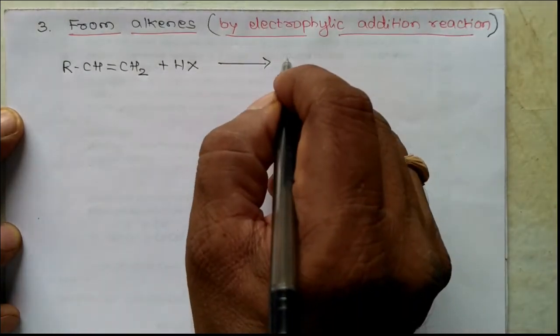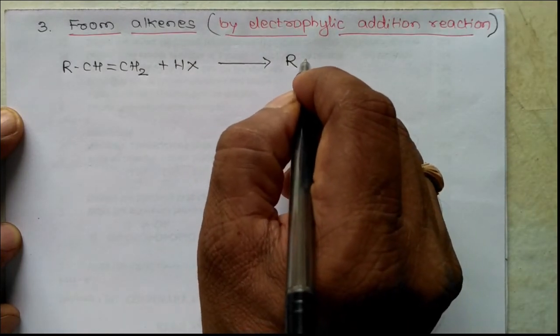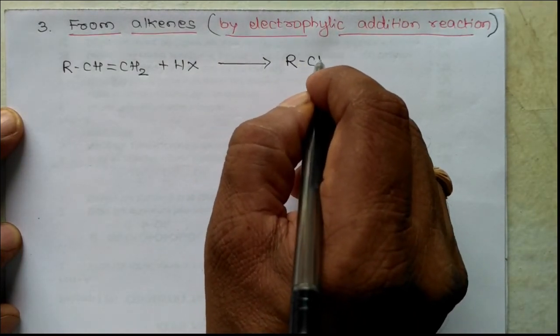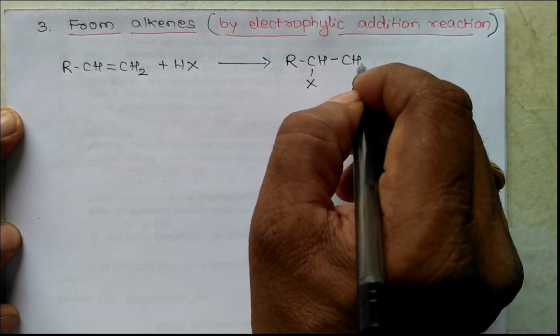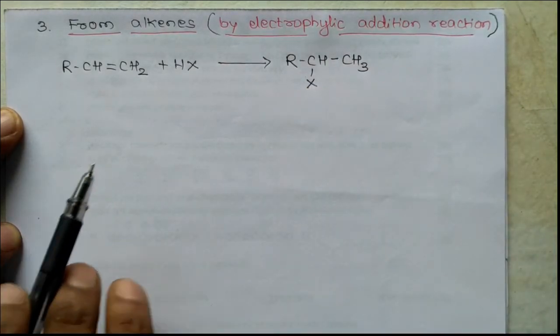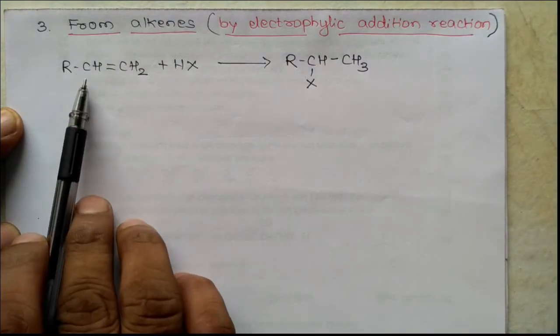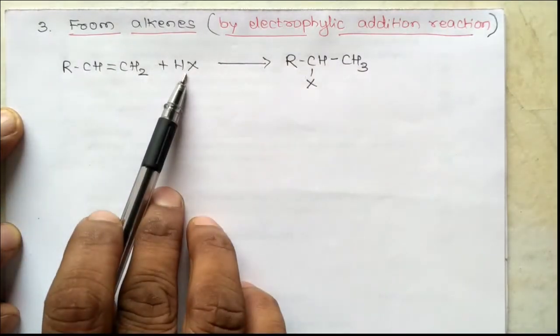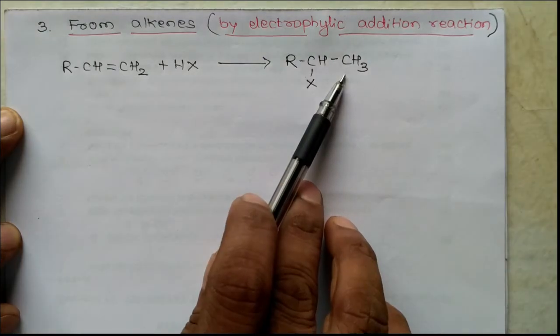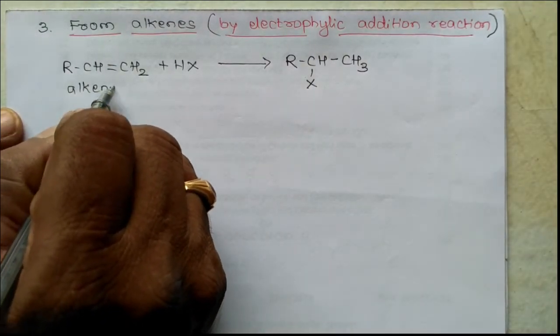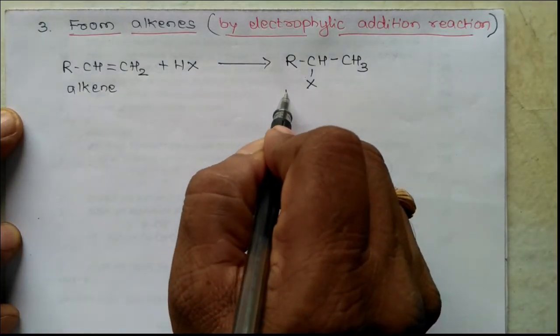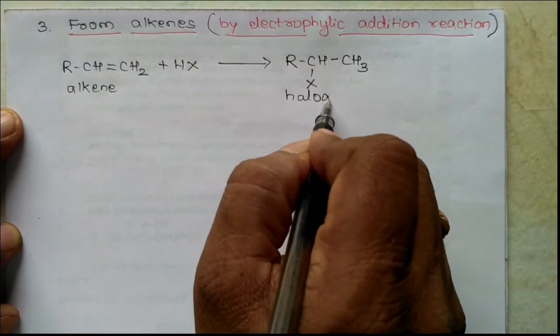Here you are going to get RCH(X)CH3. This is the general formula of alkene, and this is hydrogen halide.